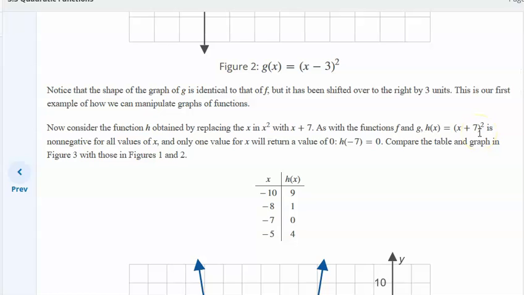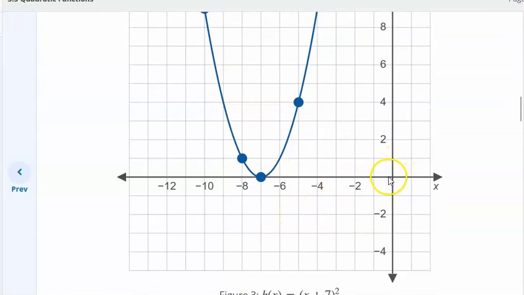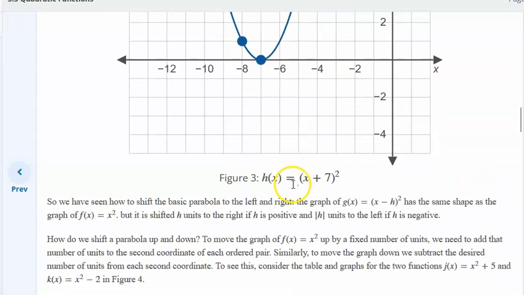Again, you can make a t-chart and notice it's shifting 7 units to the left. So a kind of hint, when you see it in this form, if it's a plus 7, it's shifting it to the left, in a sense, a negative 7. And if it's a negative 3, the opposite sign, it will shift it to the right.